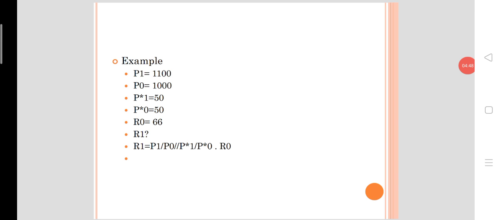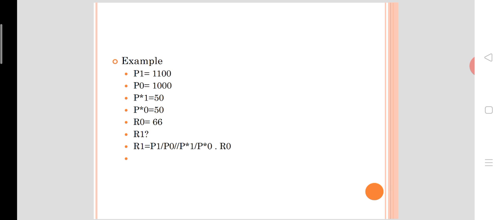So here is our example for you. In our example, P1 is equal to 1100, P0 is equal to 1000, P star 1 is 50, and P star 0 is 50. P1 is the domestic price level in period 1, P0 is the domestic price level in the base period, P star 1 is the price level in the foreign economy in period 1, and P star 0 is the base year price level in the foreign economy.